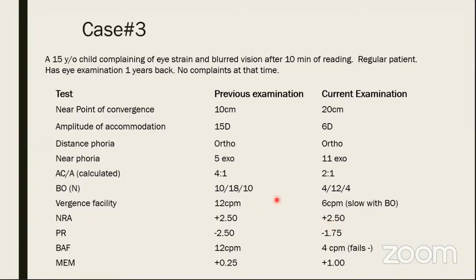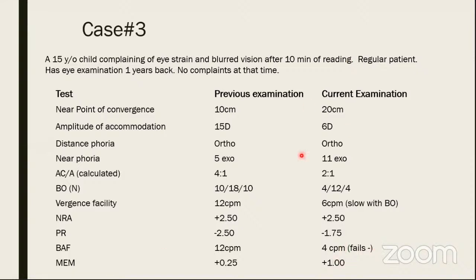But what we can see is the NRA value is okay here. NRA is an indirect test of positive fusional vergences. We can see that the NRA value is okay, but the PRA value is less. Again, in binocular accommodative facility, the patient fails minus. If the patient were a case of convergence insufficiency, they would fail plus. And MEM was lag.